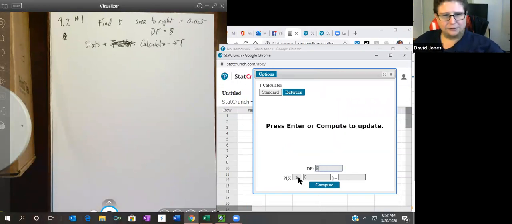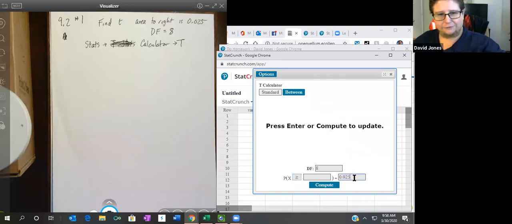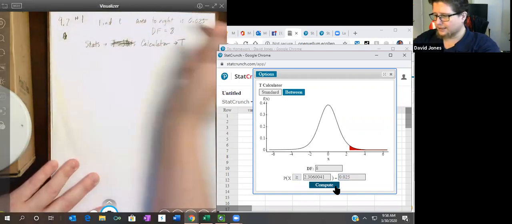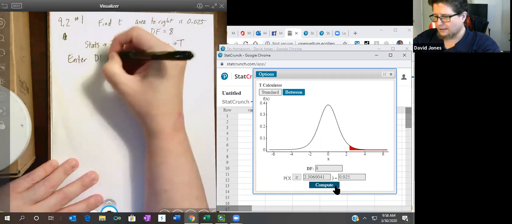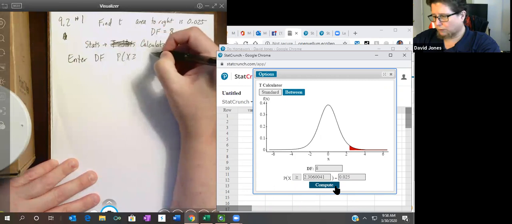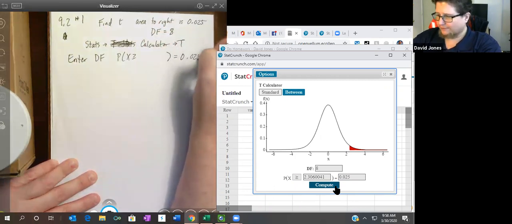They want the area to the right, so I want to do greater than, so it's shaded red on the right. And I just need to enter in the target area that they said. 0.025 was mine. And so enter df. We're going to do probability that x is greater than or equal to blank equals 0.025.